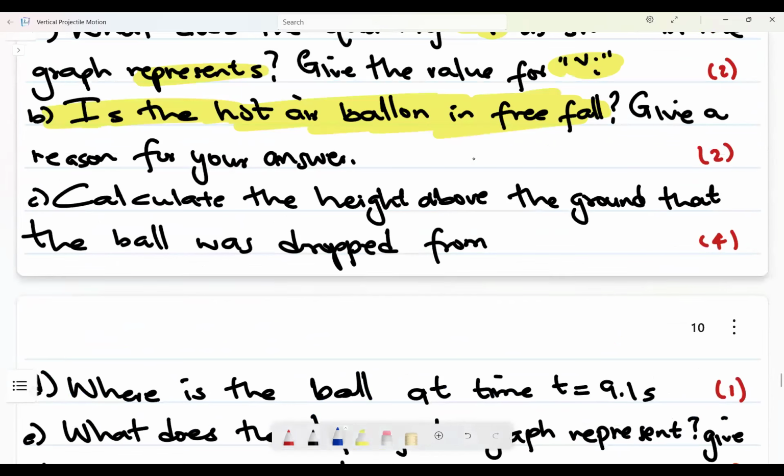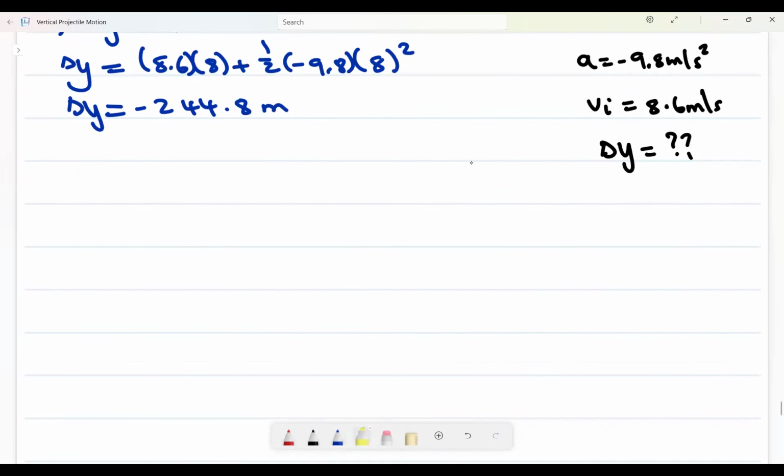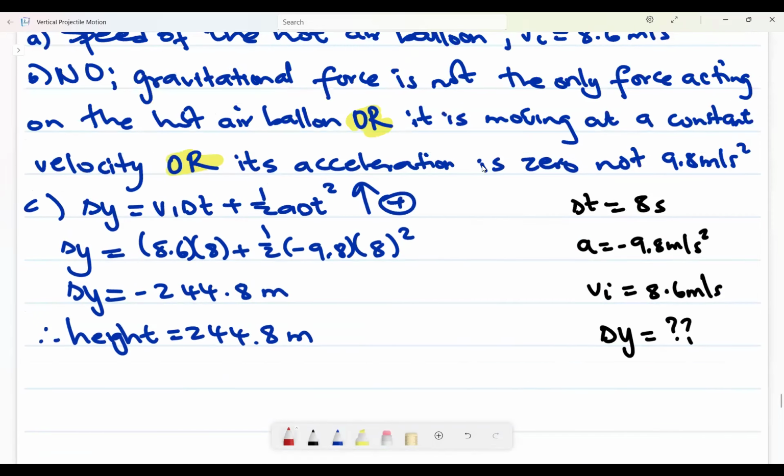Let's see what the examiner said. The examiner said calculate the height. And you see the height above the ground. So you'll therefore say height is equal to 244.8 meters. Remember, the height is the same as distance; you do not require the direction.